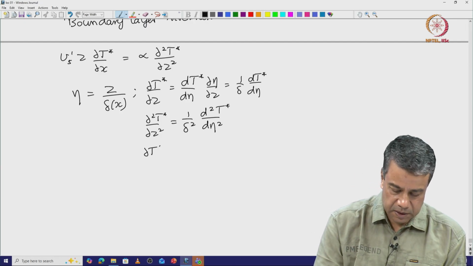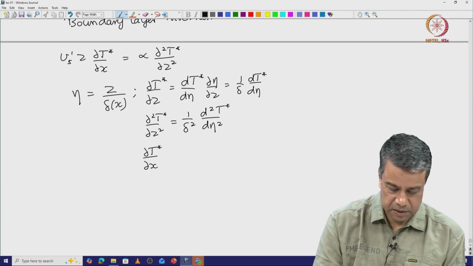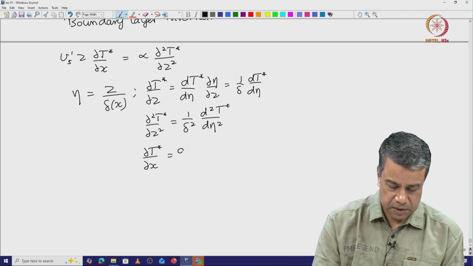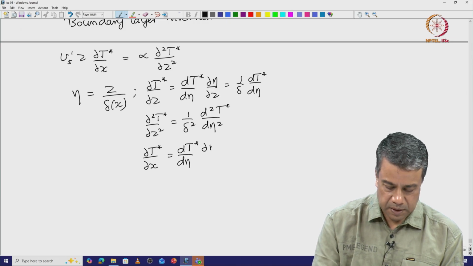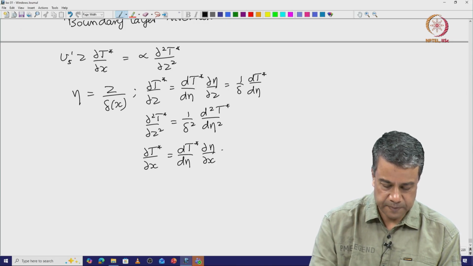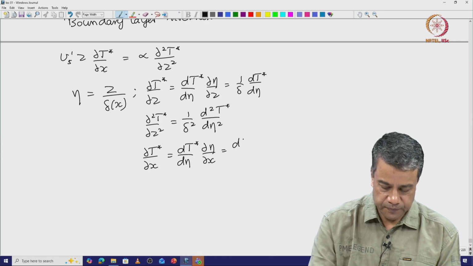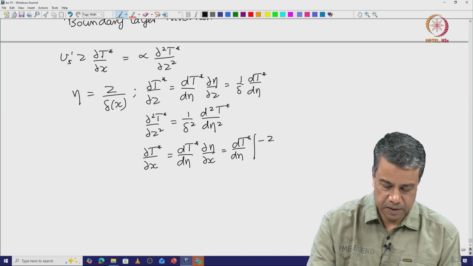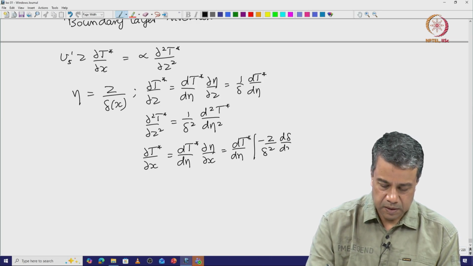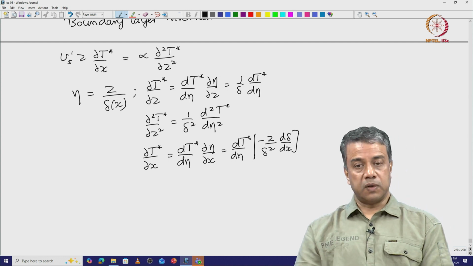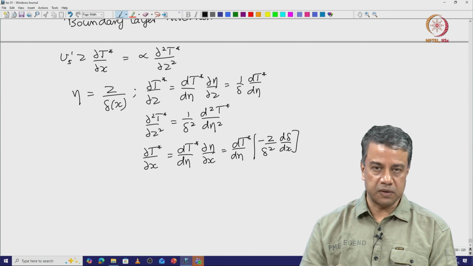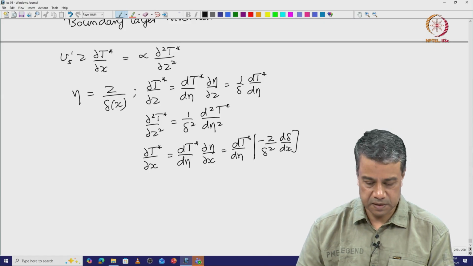Then there is partial t by partial x, which is dt by d eta times partial eta by partial x, into minus z by delta square times d delta by dx. The derivative of 1 over delta with respect to x is minus 1 over delta square times d delta by dx.